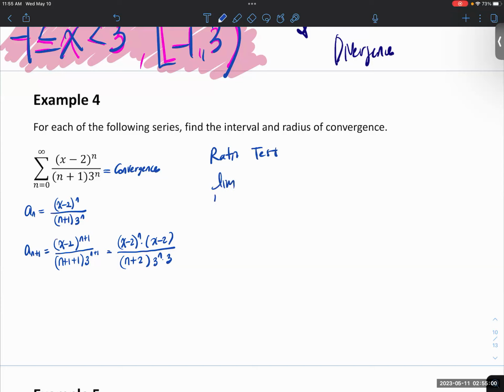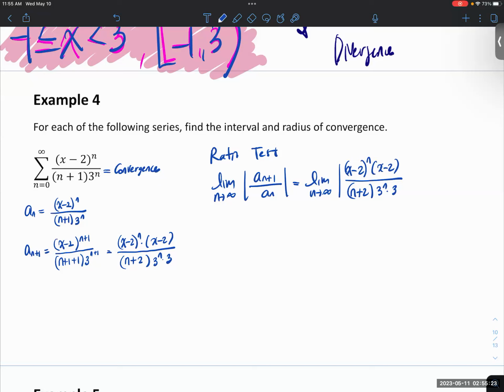So the limit of a_(n+1) over a_n. We already know what a_(n+1) is: (x minus 2)^n times (x minus 2) over (n plus 2) 3^n times 3.